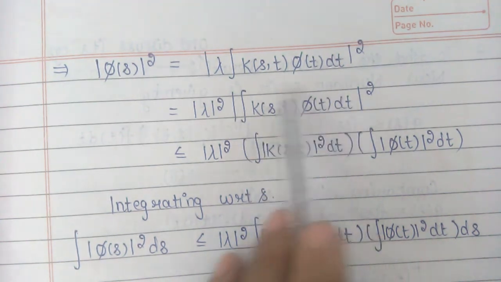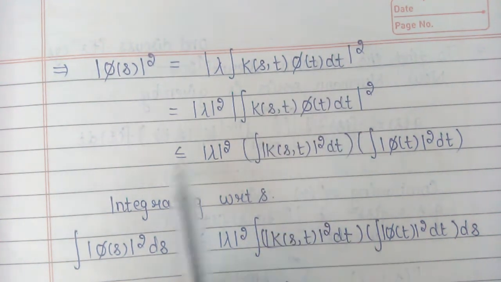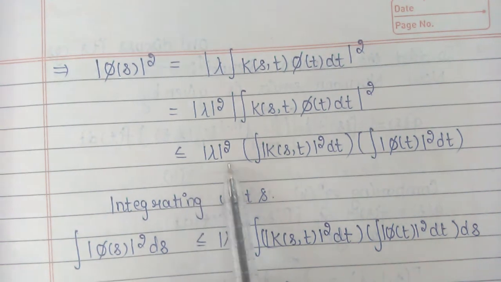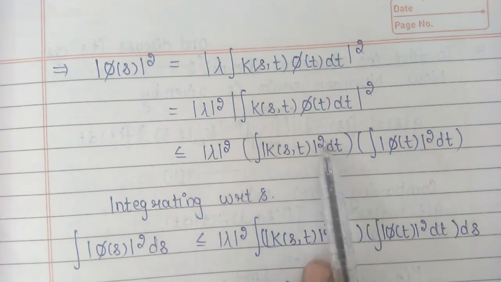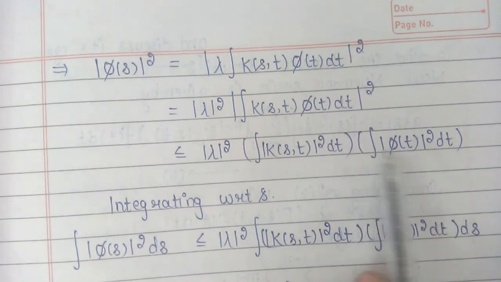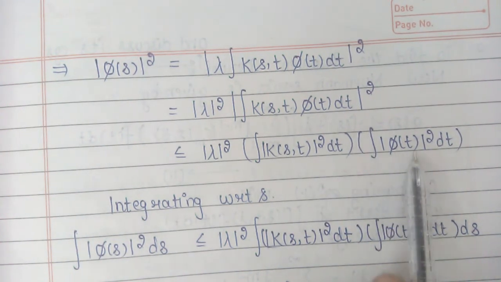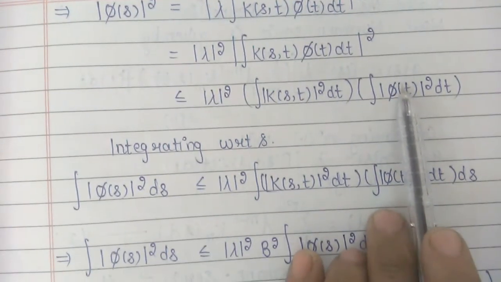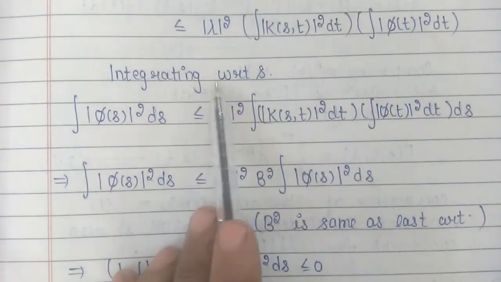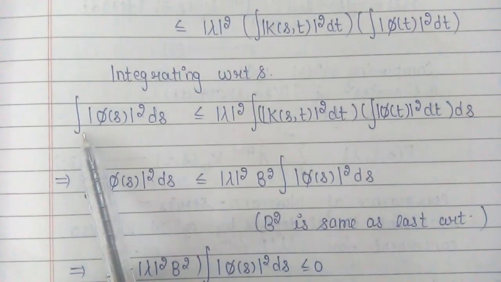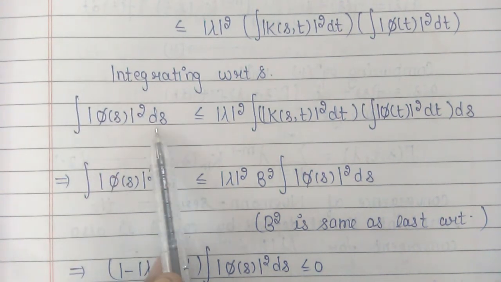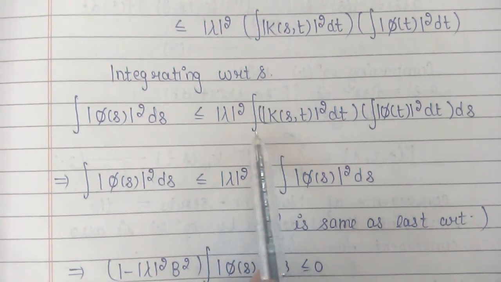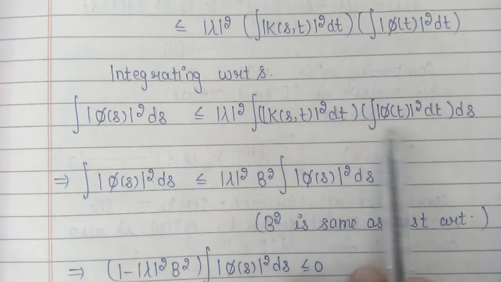Now again by using Schwarz inequality, this will be less than or equal to |lambda| square into integral |k(s,t)| square dt into integral of square of |phi|. Now integrating both sides with respect to s, on the left side we get integral |phi(s)| square ds. Here also integrating with respect to s we get this term.